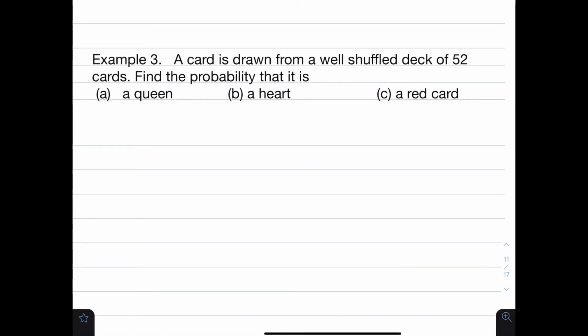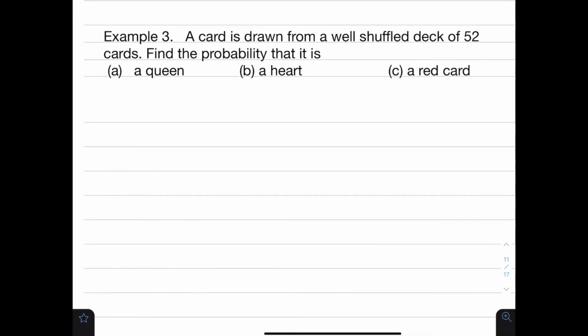Next one. Example number 3. A card is drawn from a well-shuffled deck of 52 cards. Find the probability that it is: first, a queen; second, a heart; third, a red card.